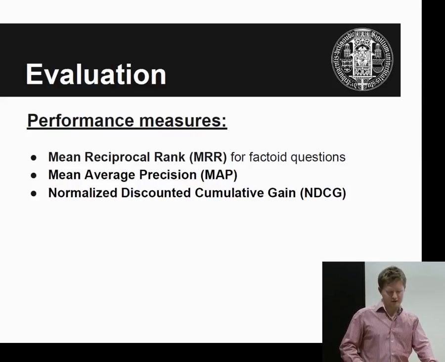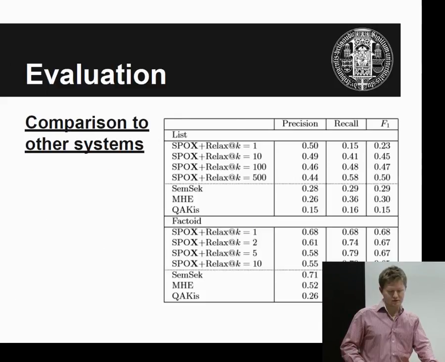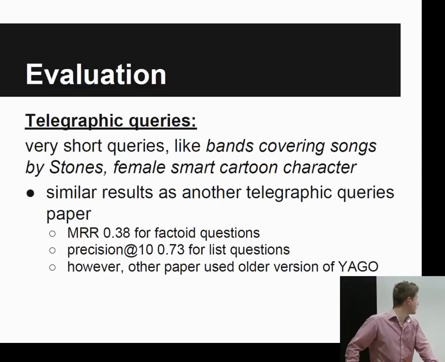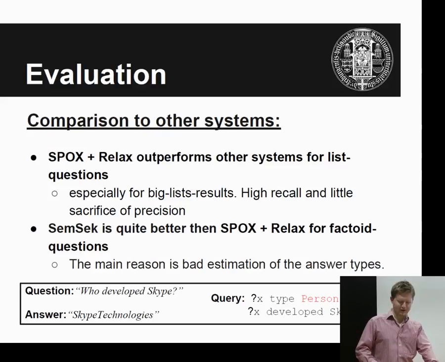Telegraphic queries are something like, I have an example here, bands covering songs by Stones, female smart cartoon characters. Actually, these are the kind of queries we use when searching in Google. Not really questions.